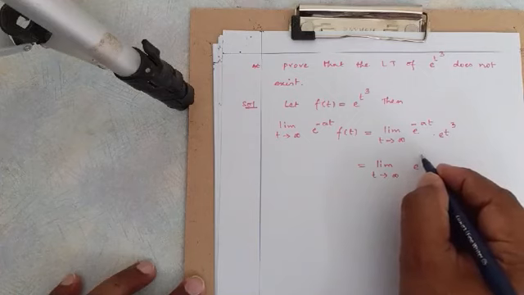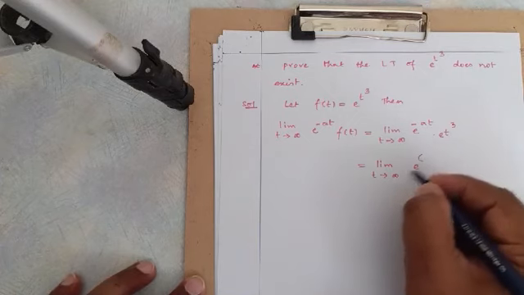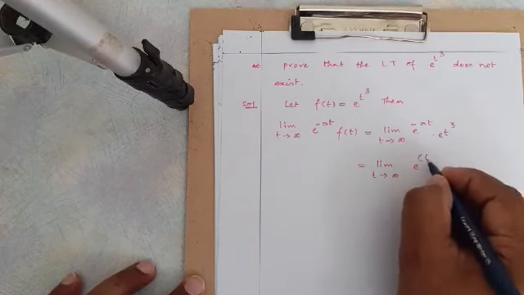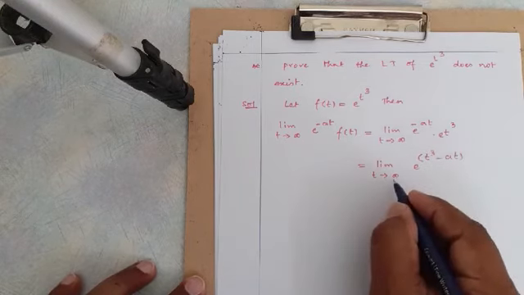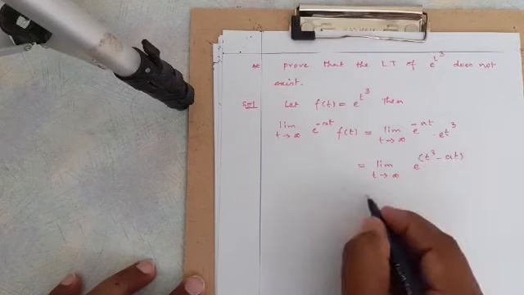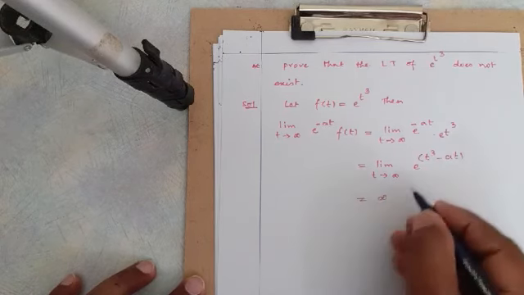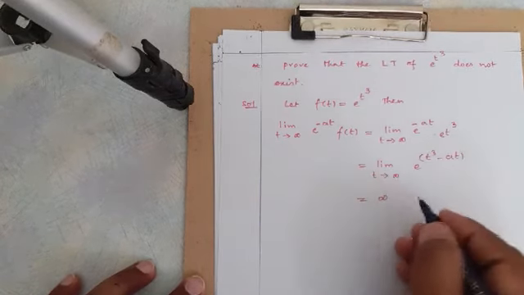If you add the powers, you get e power t cube minus at. Now when you apply infinity to t, you get infinity. E power infinity is infinity.